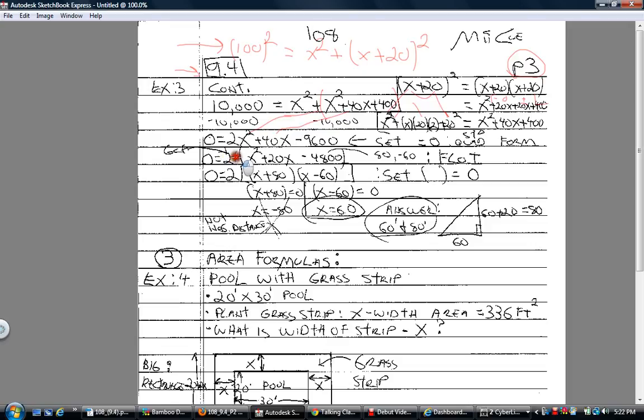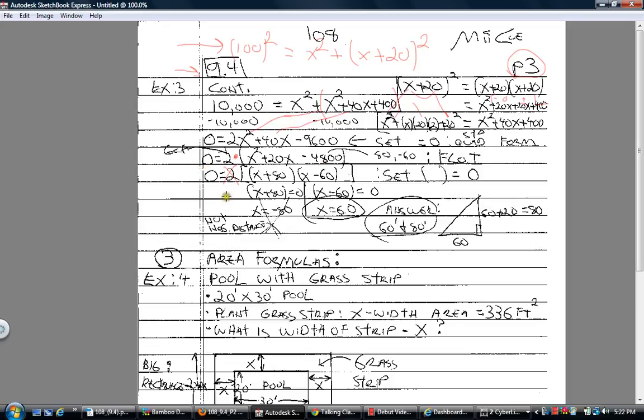Okay, you could pull out a 2. Another way I like to teach this, and I'll do this in the next example, because what happens here is this 2 is a factor, there's no variable, and what you're going to do is you're going to leave it, and then it's just going to drop out, and that freaks students out. They don't like that. And so what I like to teach now is when you see that GCF in an equation, you pull it out, divide by 2 across the board.